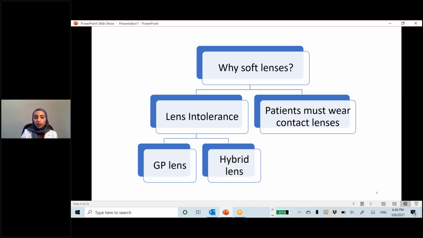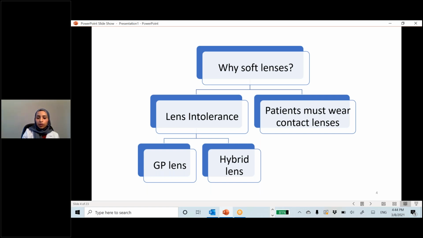There are also problems with hybrid lenses, where sometimes patients have a problem removing the lens. And in scleral lenses, they can be a little intimidating for patients, whether it's the size or the cost of the lens. So soft contact lenses provide excellent comfort, like we already know with our traditional soft lenses.